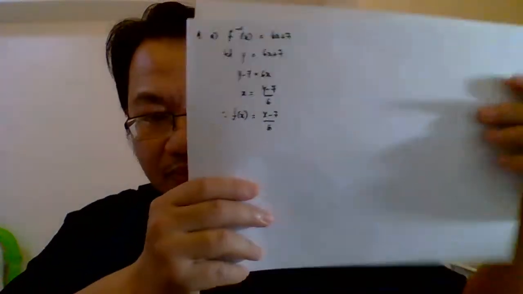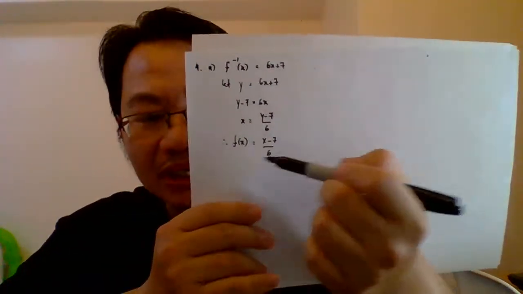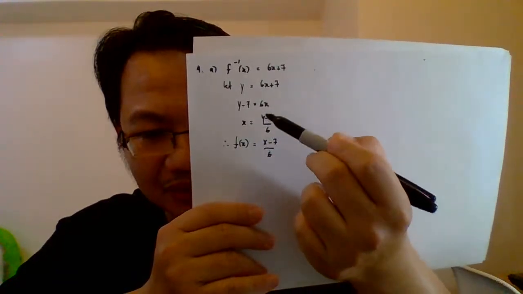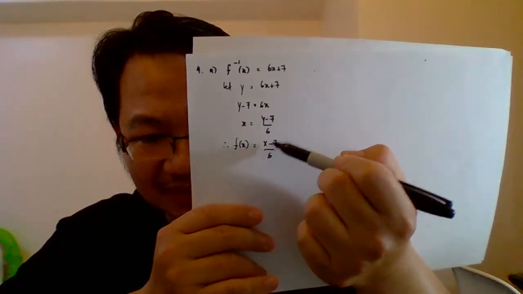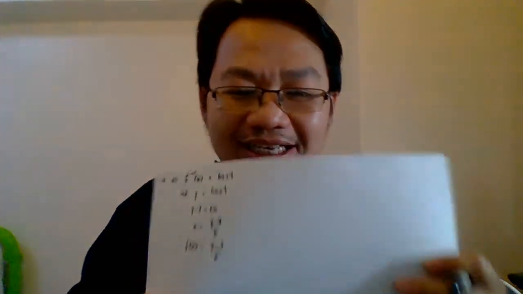There's no inverse, okay? So, just replacing the y with x, it becomes normal again, from the given F inverse. So, Fx equals to x tolak 7 per 6. That's all, right? That is how we find the F normal.